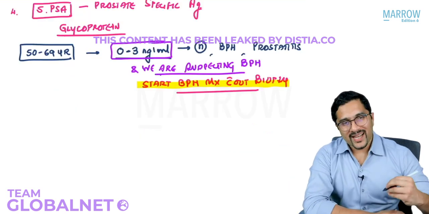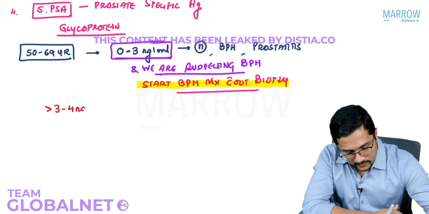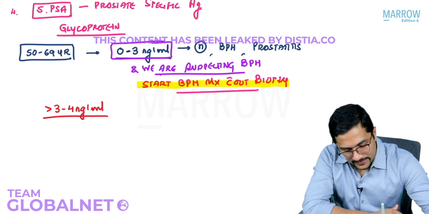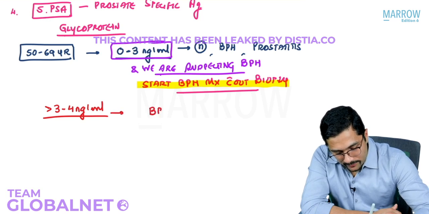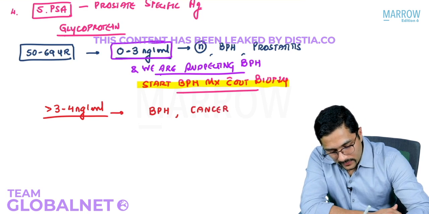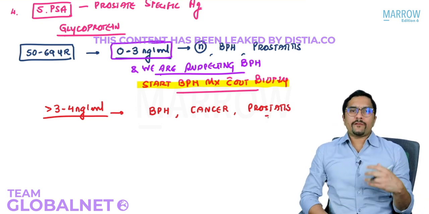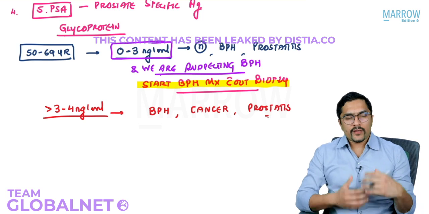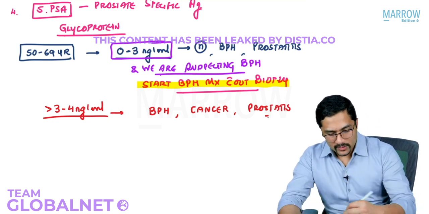Now the problem starts if the value is more than 3 to 4 nanograms per milliliter. That's when the problem starts. Now this can be seen in patients with benign prostatic hypertrophy, or it can be seen in cancer, or it can be seen in prostatitis. Now, I've already told you the features of prostatitis. So, if the patient is having pain, if the patient is having dysuria, then we suspect prostatitis.